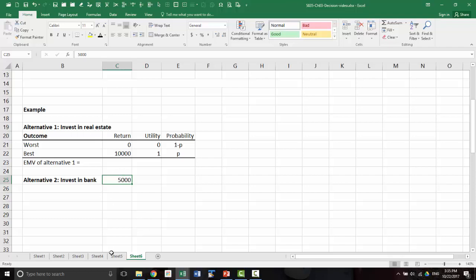Now you try a different number. You try say $3,000. Again, do the same routine. At what point in p will you be indifferent between these two alternatives? Here p is going to be a smaller value than 0.8, because you're going to get only $3,000.